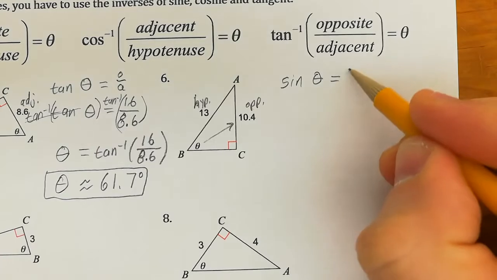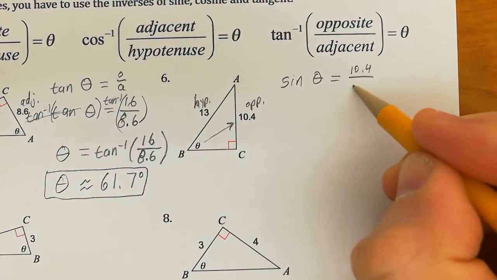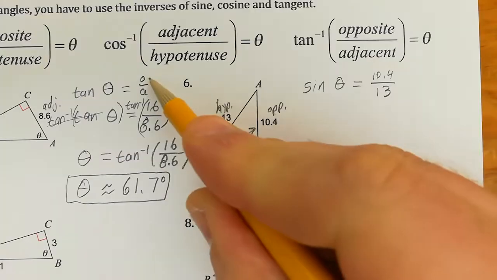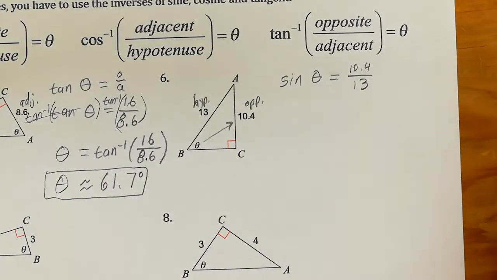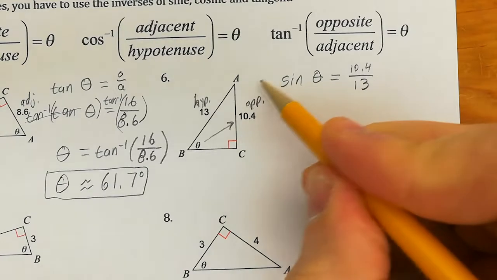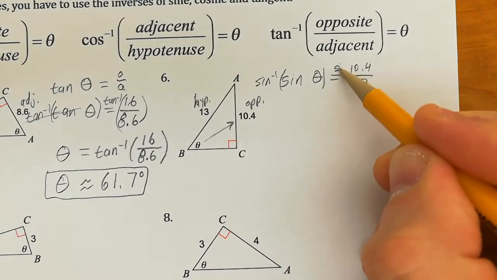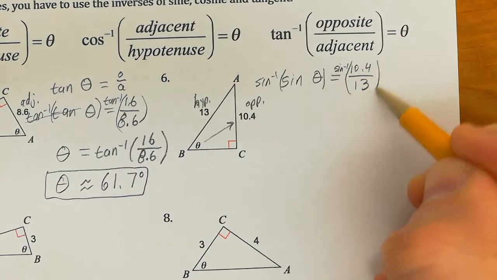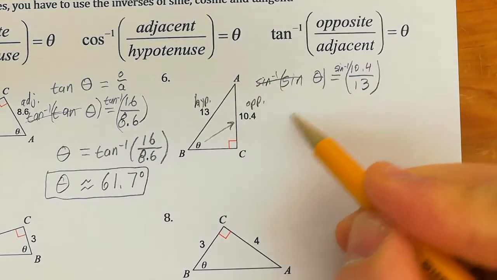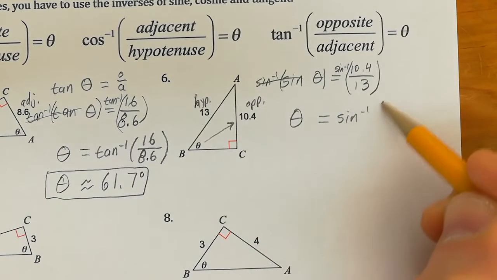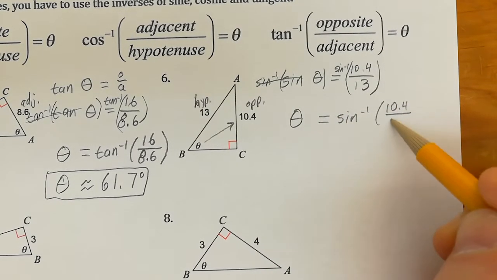Sine of theta equals 10.4 over 13. Remember, this is opposite over hypotenuse. I didn't write it out first like I did here, but yeah, opposite over hypotenuse. And now, in order to undo this, we use inverse sine. Take the inverse sine of both sides. So we're left with theta, and you'll notice now this looks like the formula up above.